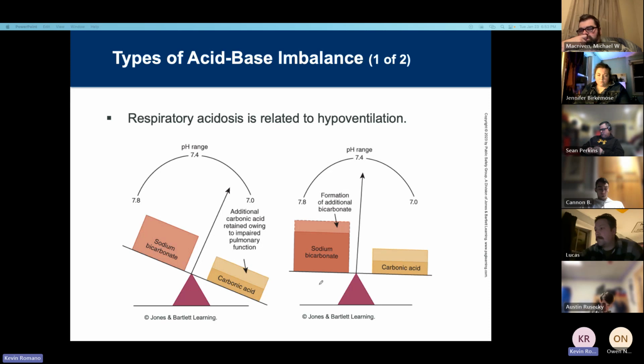Signs and symptoms of respiratory acidosis include systemic or cerebral vasodilation, or both: headache, lightheadedness, warm flushed skin, CNS depression, bradypnea or slow respiratory rate, nausea and vomiting.